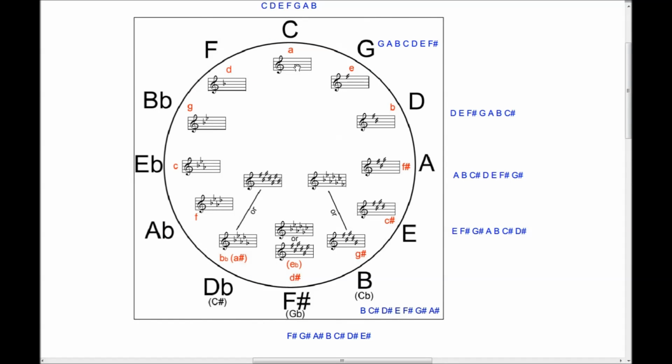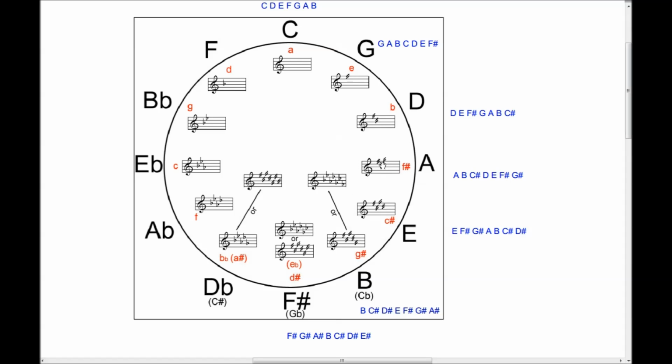Okay, now inside the circle where we have the treble clef, I'll just explain this part. You can see here under the C major scale that there's no notes on the treble clef. And then as we move around, we have one sharp note for the G major scale and E minor scale, 2 sharp notes for the D and the B minor. So you can see as we move around the circle of fifths that we're just adding an extra sharp.